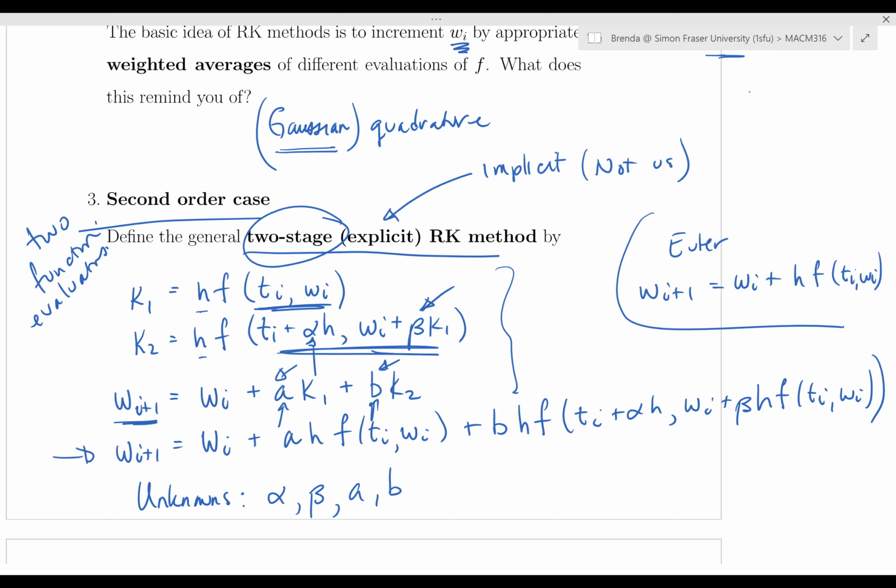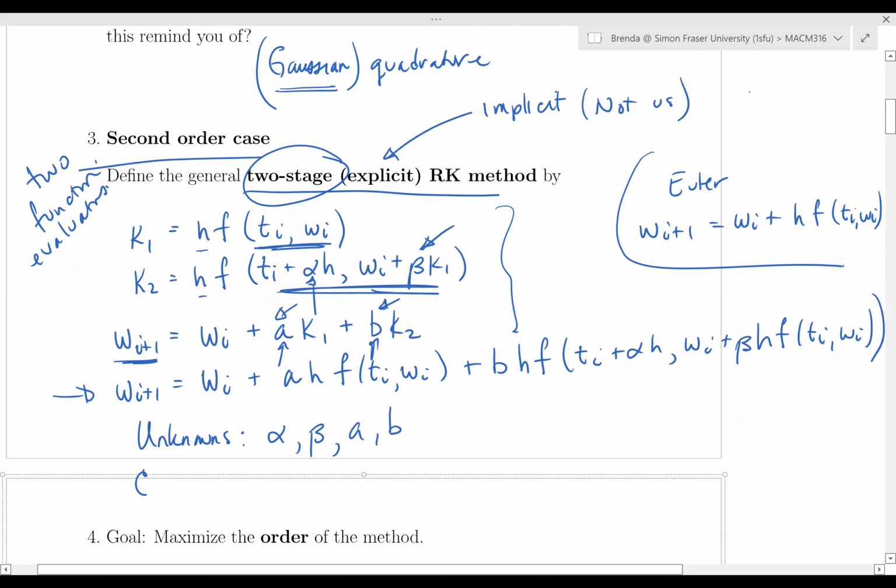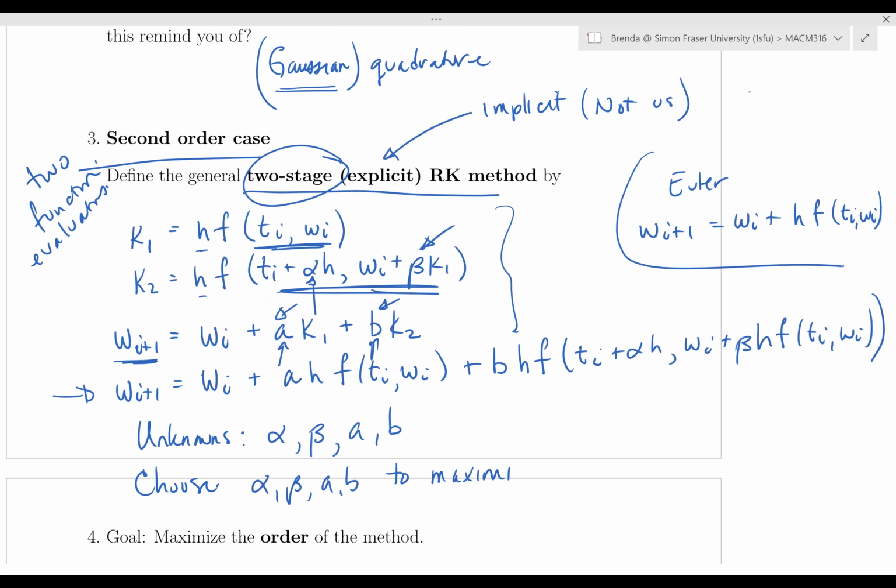So what we want to do now, just like we did with the Gaussian quadrature routine, is choose these, alpha, beta, A, and B, to maximize the order of the method.